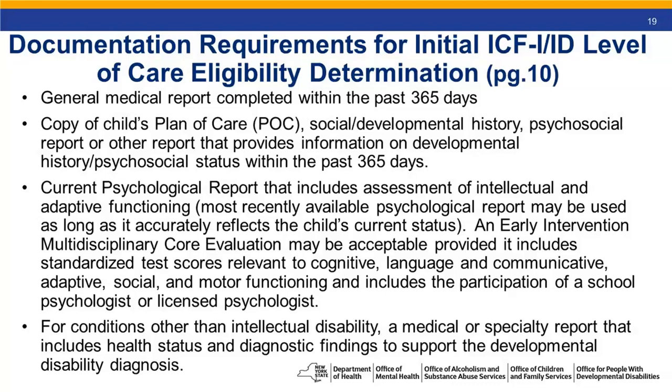An early intervention multidisciplinary core evaluation may be acceptable, provided it includes standardized test scores relevant to cognitive, language, and communicative, adaptive, social, and motor functioning, and includes the participation of a school psychologist or a licensed psychologist. And for conditions other than intellectual disability, a medical or specialty report that includes the health status and diagnostic findings to support the developmental disability diagnosis.